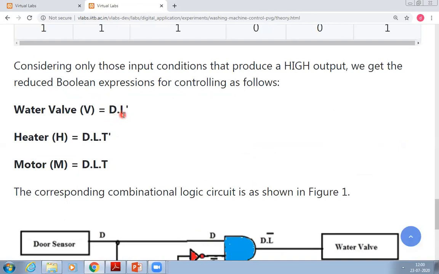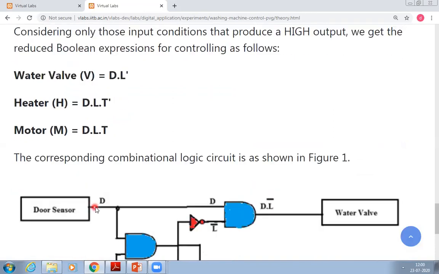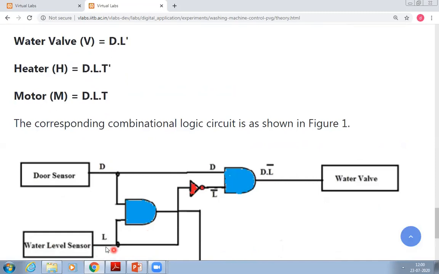AND gate. L bar means you require one inverter. So this is D input and second L bar. You take water level sensor, and here you require inverter. So output of inverter is L bar. So this is the first thing, D L bar. To turn on water valve, this condition is there, D L bar.